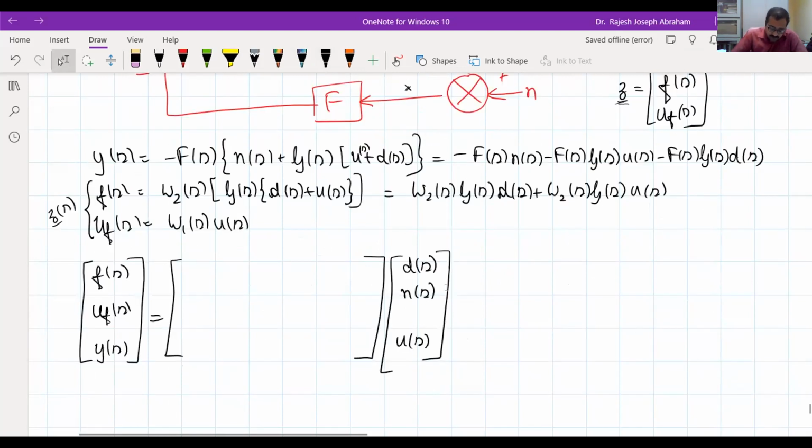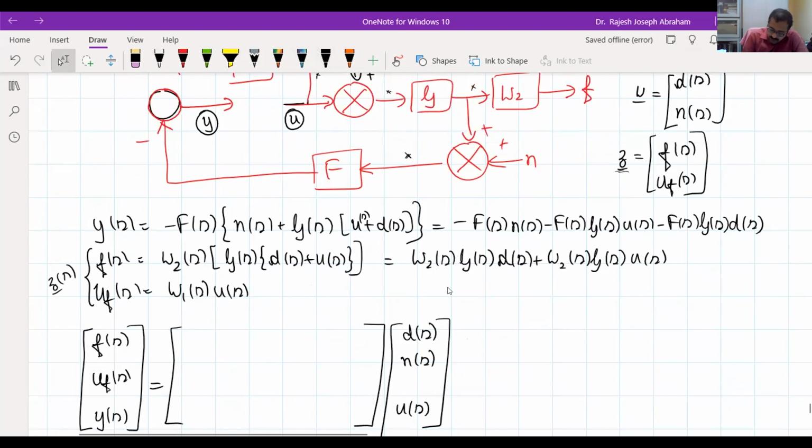Fine. So what is F(s) in terms of D(s)? W2(s) G(s). What is this F(s) in terms of N(s)? There is no term, so 0. And there is a term corresponding to U, that means W2(s) G(s). Then corresponding to the UF(s) term, we have a term corresponding to W1(s).